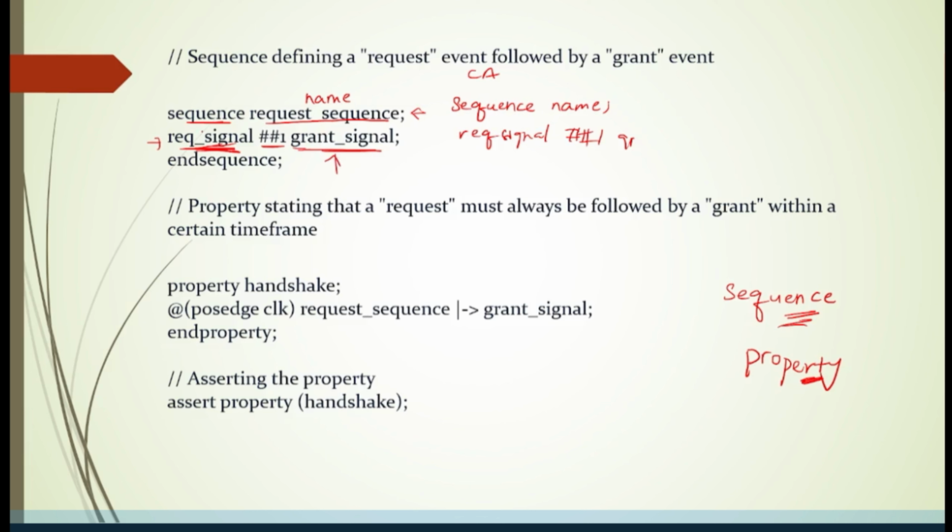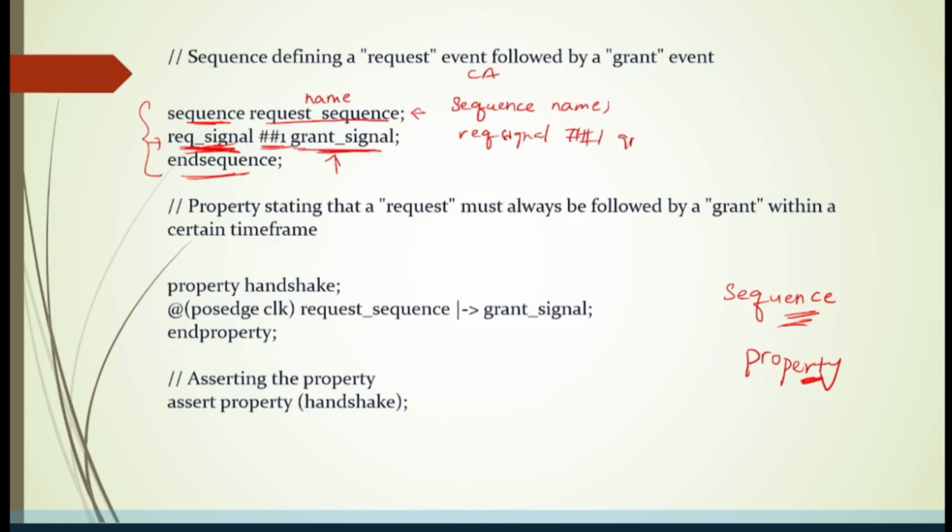So this is the meaning of this particular sequence. In this sequence I have two events, the request signal and the grant signal. After the request event is done, after one clock cycle, the grant event should follow. And then endsequence. So this is my sequence.